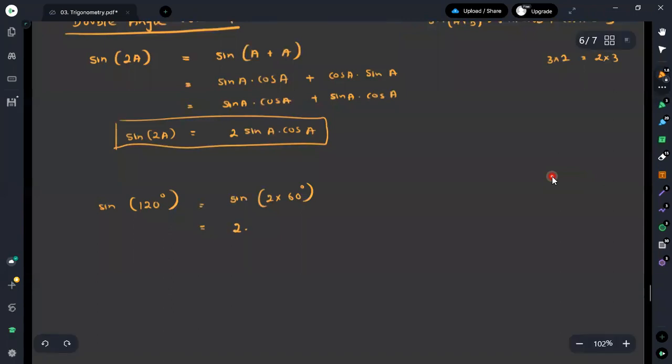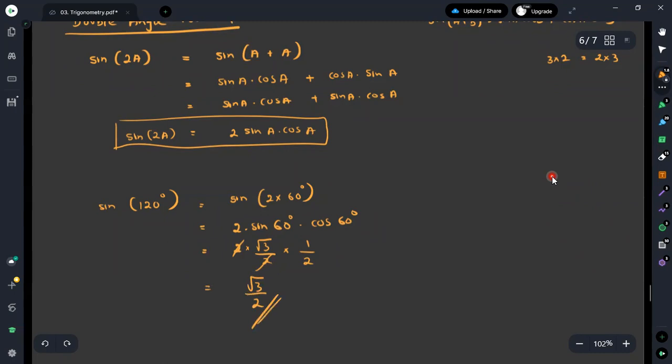It is now 2 times sine 60 into cosine 60. Sine 60 is root 3 over 2, multiplied with cosine 60, which is half. Then we end up with root 3 over 2.